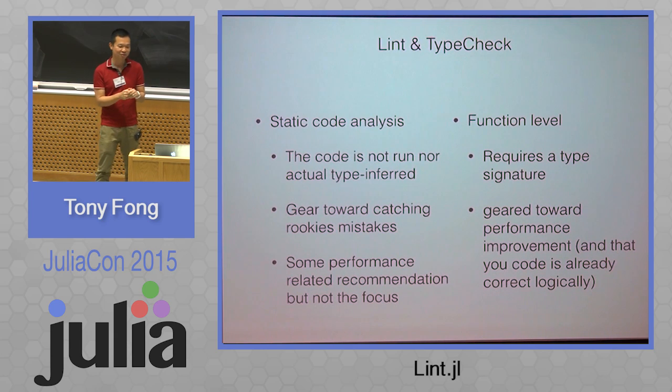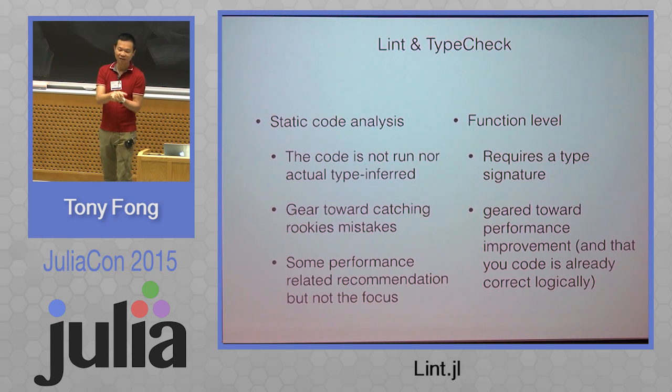Type check serves a little bit of a different purpose. It's very deep, using the entire type inference infrastructure to tell you if there are any type instabilities in the functions that you define, and that creates a lot of information about whether or not it's correct or whether or not it's fast.